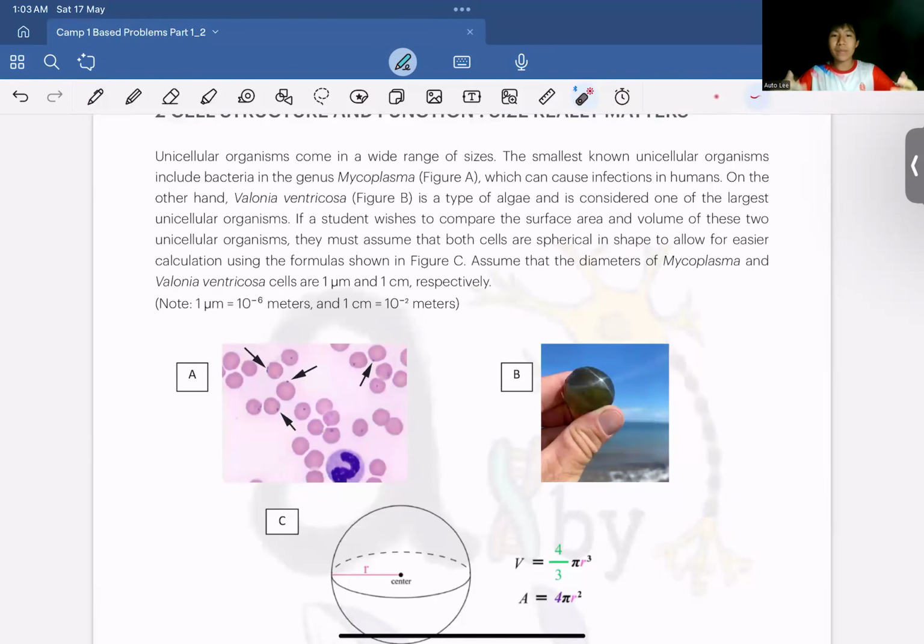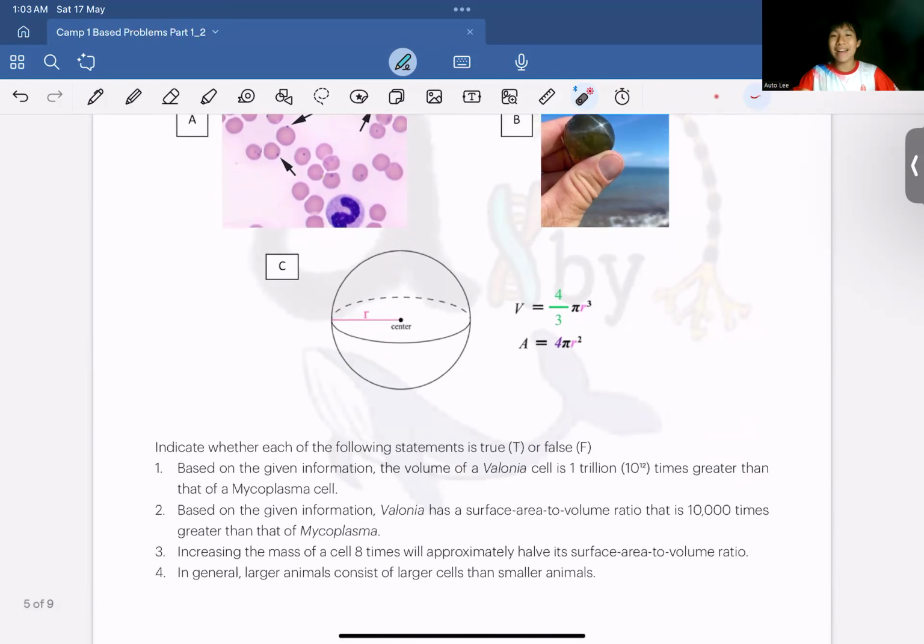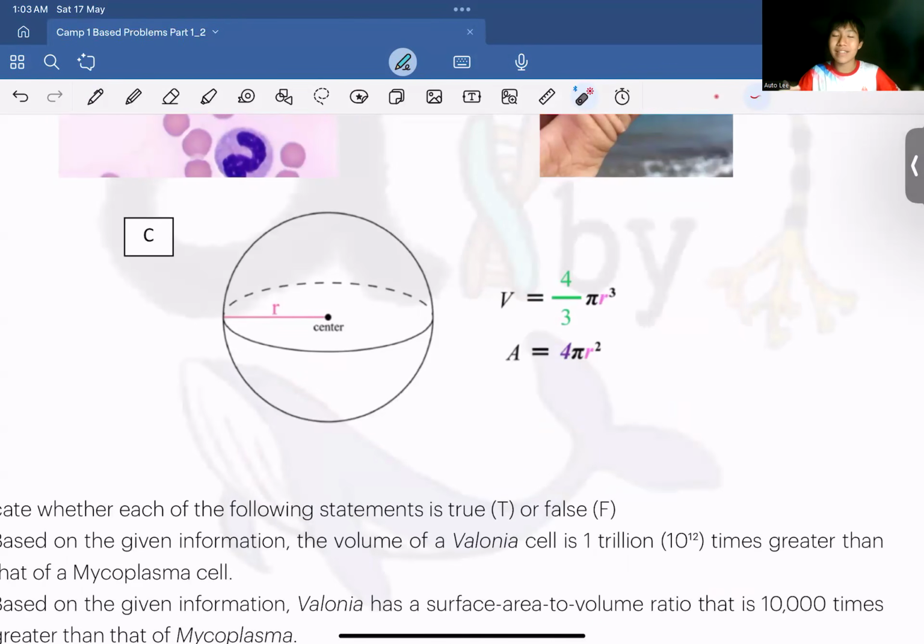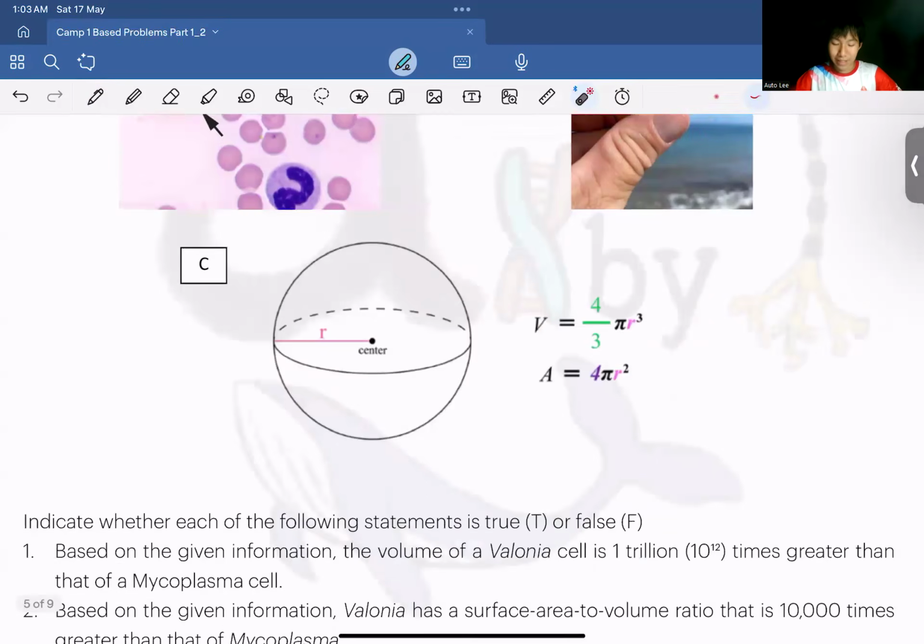The student wants us to compare the surface area and the volume, but to do that, we must assume that both cells are spheres. Since they're spherical, we can use these equations to find the volume and the surface area.